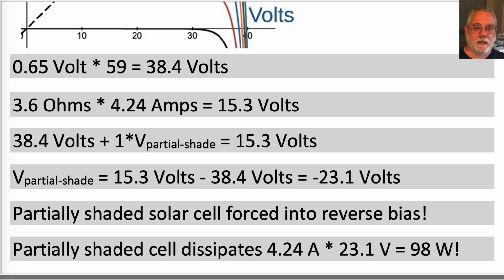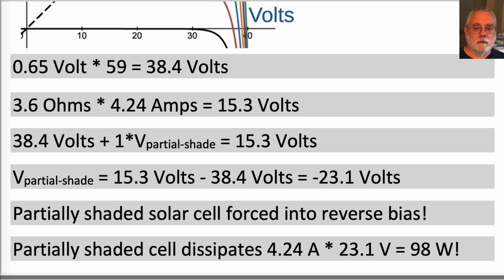The power dissipated by the partially shaded solar cell is coming from the other 59 fully illuminated solar cells. The partially shaded solar cell gets heated by its power dissipation. It is a local hotspot due to partial shading, say from a leaf sitting on the panel.